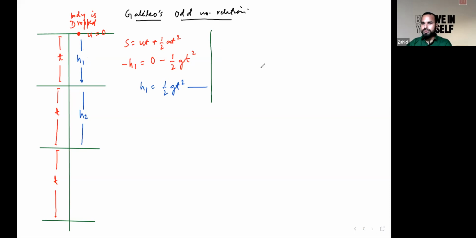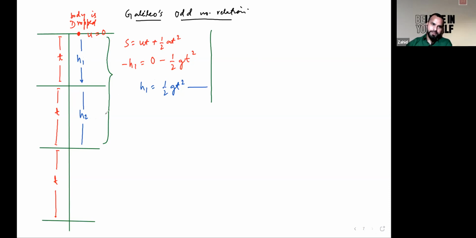These all three equations are valid from the starting of the journey till that given interval of time. So if you have to calculate only this part, first of all, you have to calculate this height from this point to this point, and then subtract this from this, you will get h2. Is it clear?